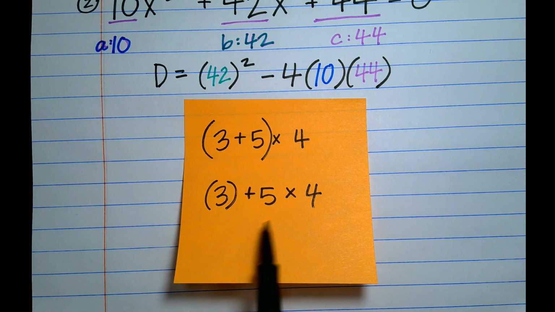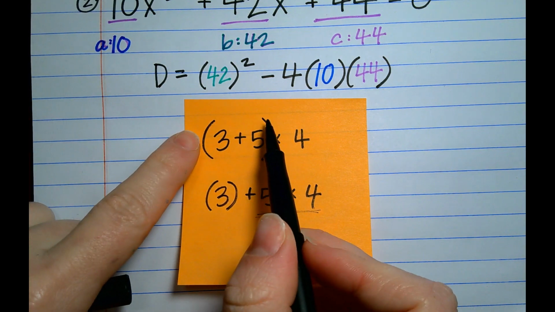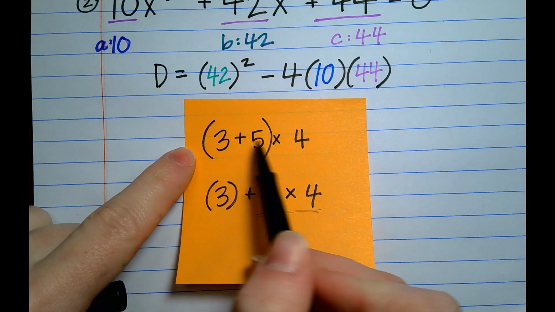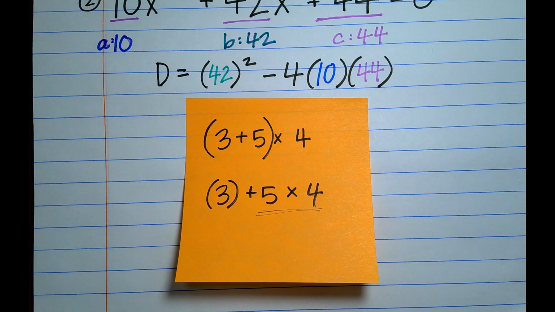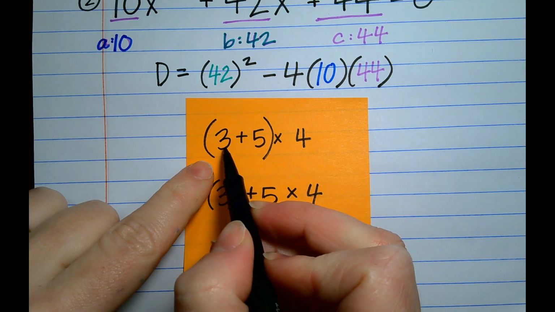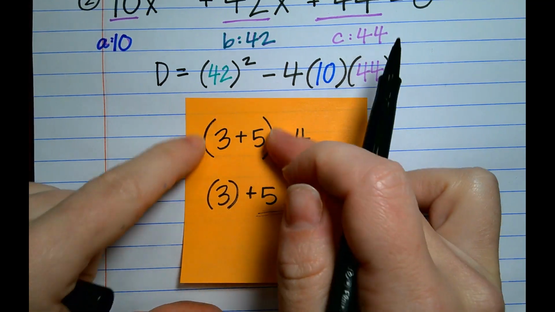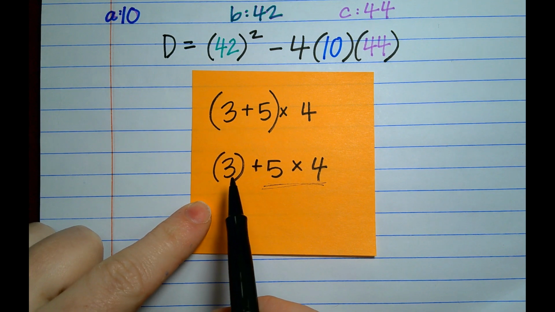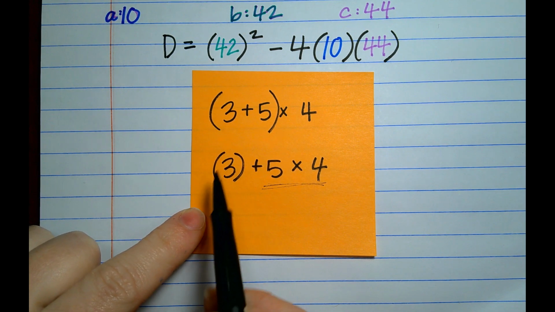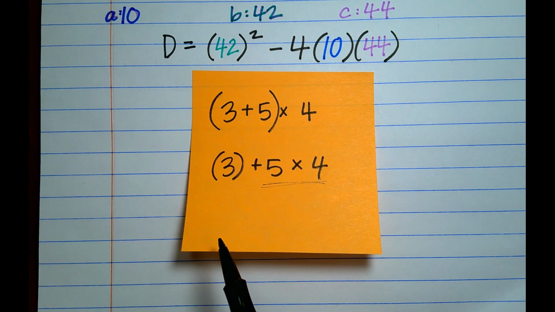You're still going to do multiplication first. You only do what's in parentheses first if there is an operation happening in the parentheses. Operation meaning a thing you do to numbers, like adding, subtracting, multiplying, dividing. So 3 plus 5 would come first here because that whole operation is in parentheses. Right here, the number 3 is in parentheses, but it's not telling me to do anything with that 3 inside the parentheses. This is just separating the number 3. Sometimes you'll see that.